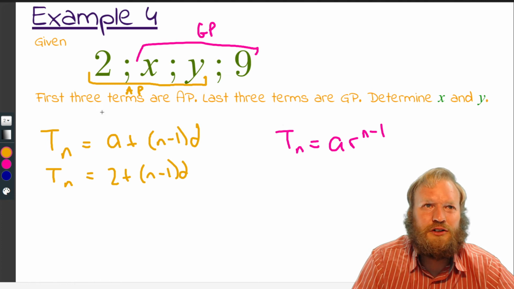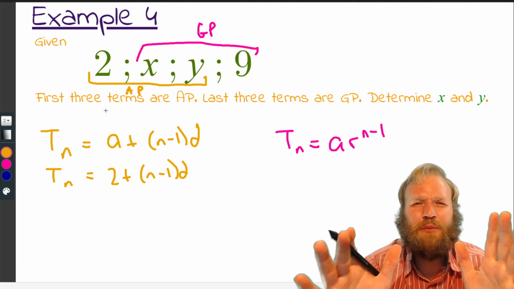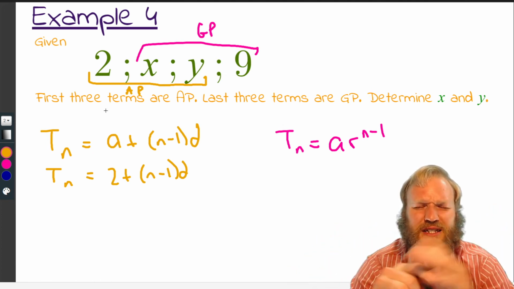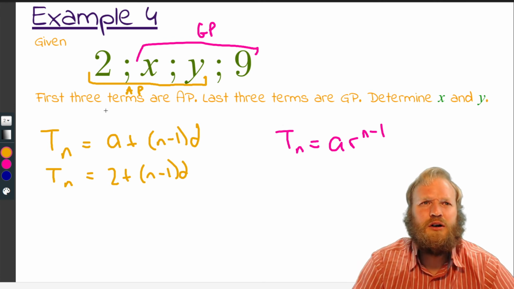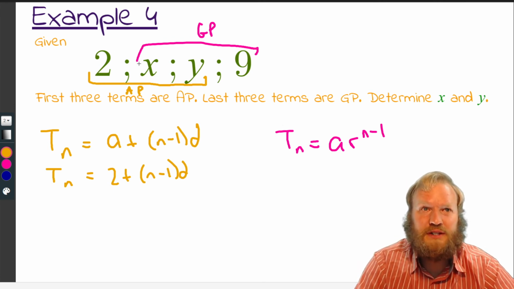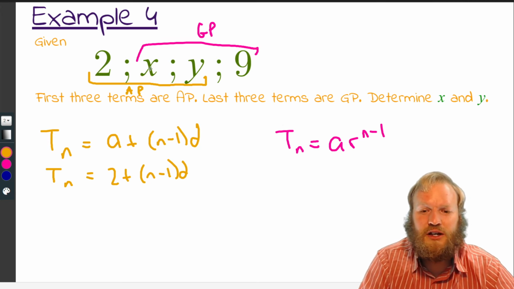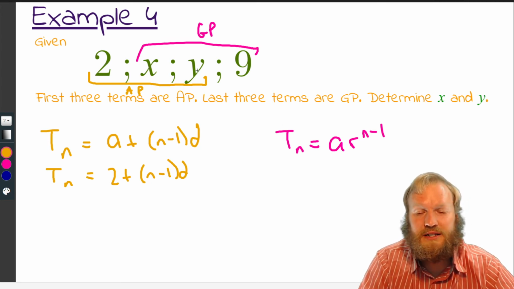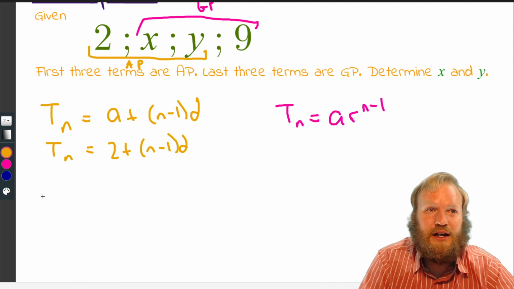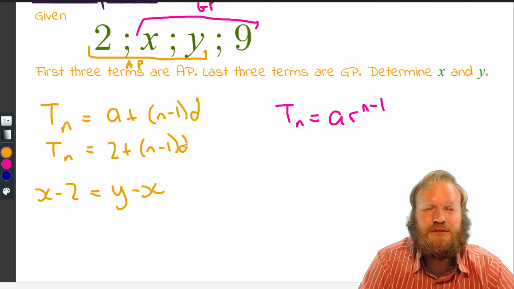But we know 2 things. What do we know about arithmetic progressions, arithmetic sequences? Well, yeah, they go up by the same amount. So we're going to plus something. So in other words, 2 plus something is going to give us x, and x plus that same thing is going to give us y. In other words, x minus 2 is going to be y minus x.